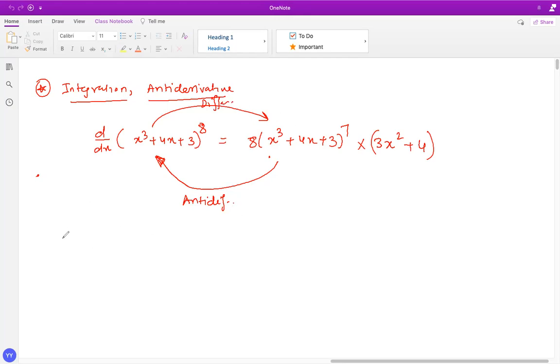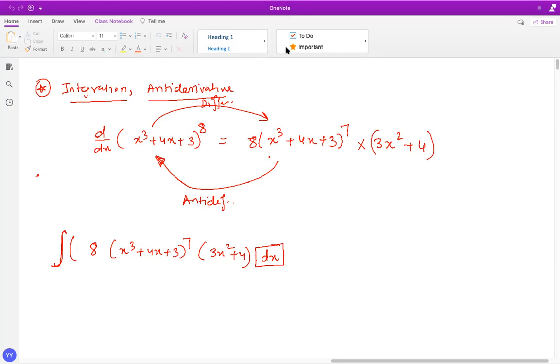The general notation that we use for anti-differentiation is this notation, with whichever function you're integrating. Let's say I wanted to integrate 8 times x cubed plus 4x plus 3 to the power 7 times 3x squared plus 4, and I attach the variable you're integrating with respect to.